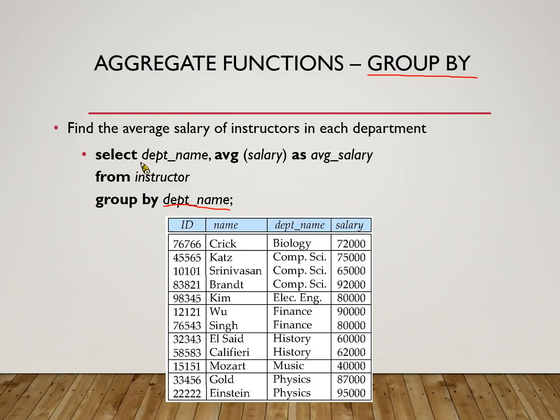And we have to notice that in the select clause, we first indicate the group by attribute, department name, and then followed by the aggregate function, average, which uses salary as the parameter. And if an alias is needed, we can use the as keyword to rename this result.